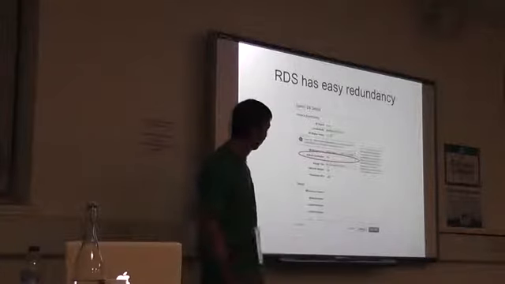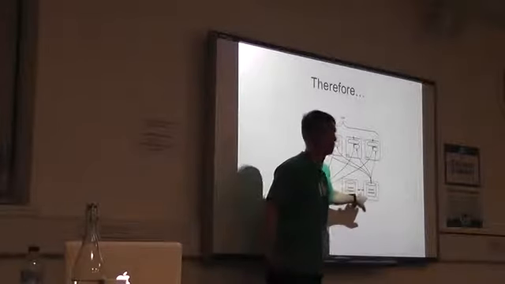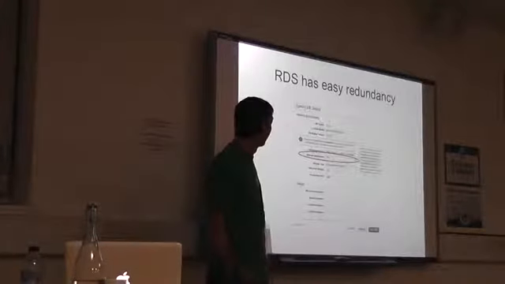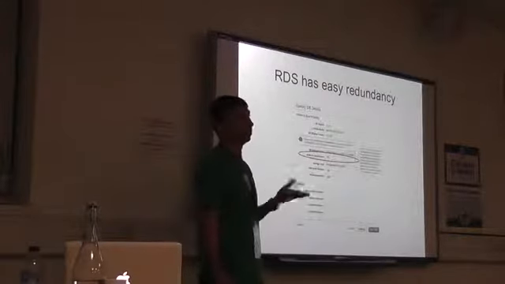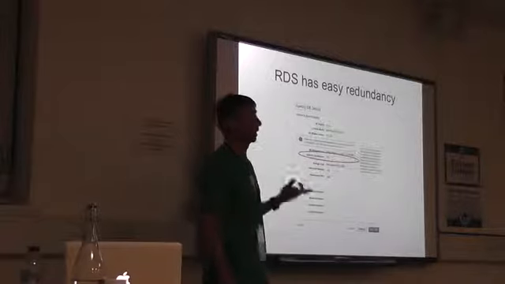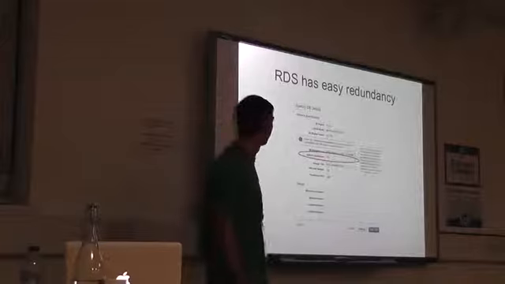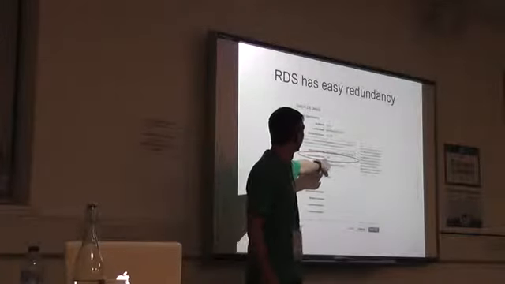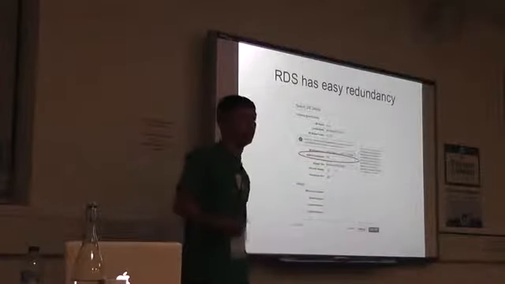Back here, we want to make sure that this stuff is replicated, and this is one very good reason to use RDS instead of your own hand-rolled MySQL setup, because they make it incredibly easy to provide that redundancy and resilience. Literally, when you set up an RDS instance, you can say, okay, select this for multi-AZ deployment.